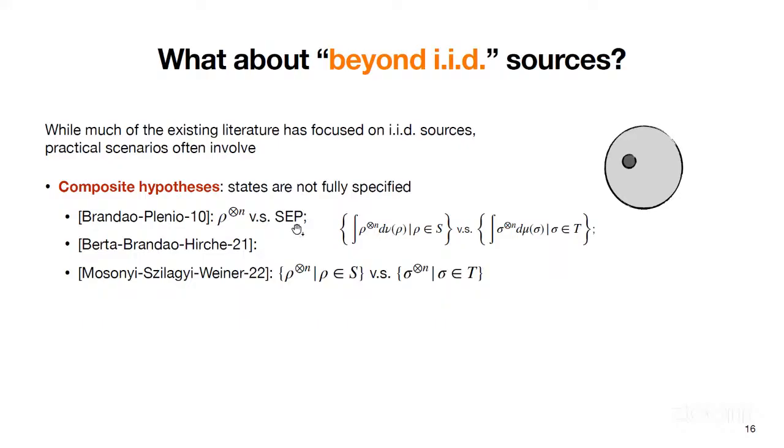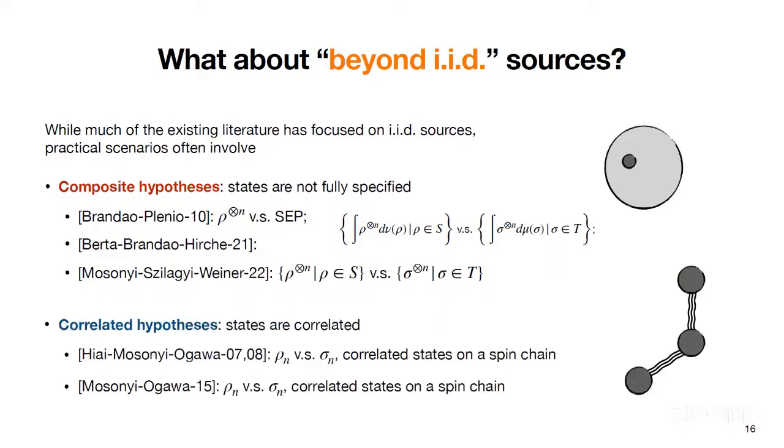Also some people consider a case where you have the description of the null hypothesis as a set S, and then you draw samples from this S. Then essentially the description of your samples is given by this set.